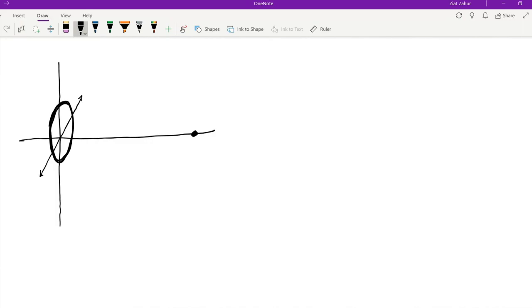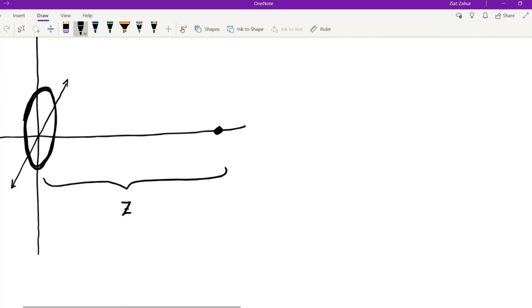Let's make this the z-axis such that we are z distance away, a constant z distance away at the center of a looped wire that is on the xy plane.